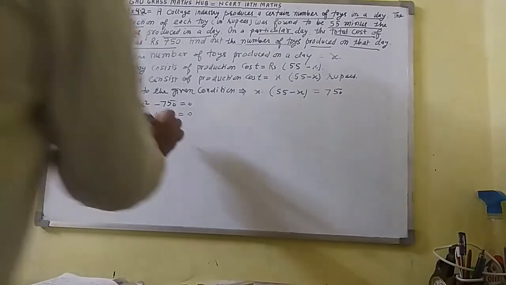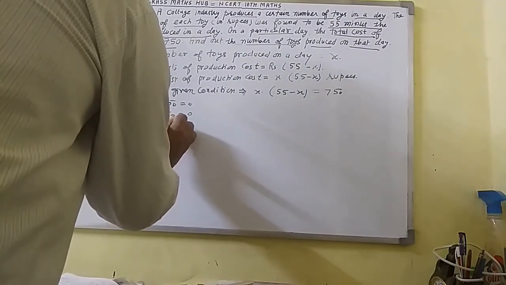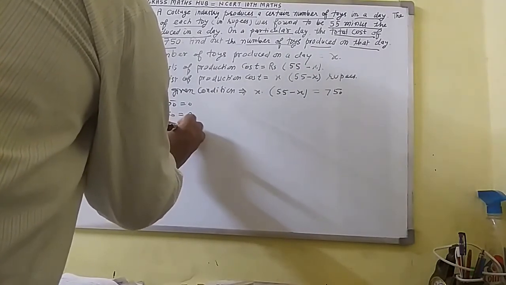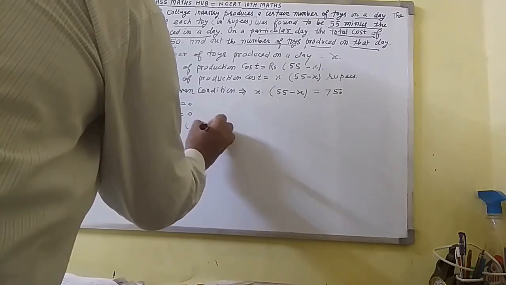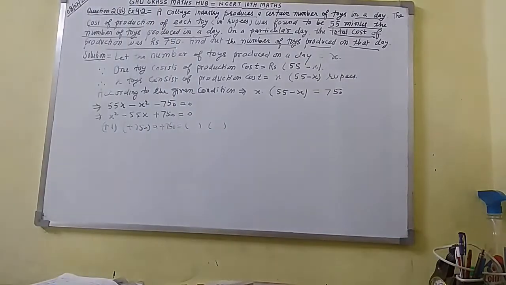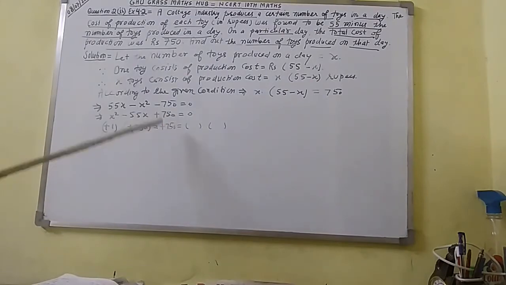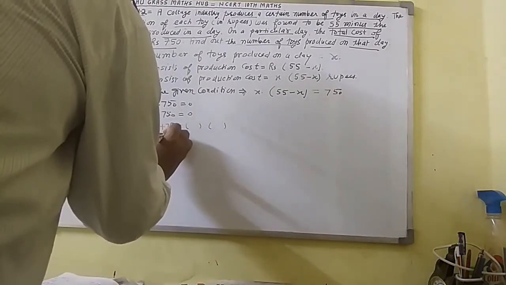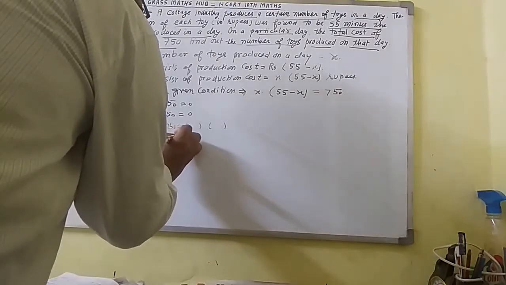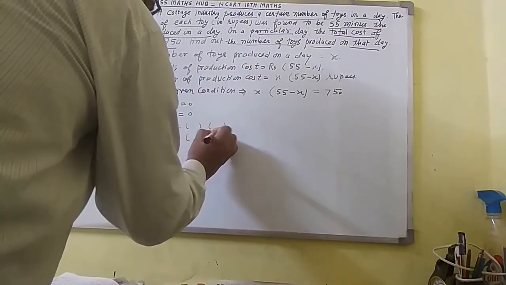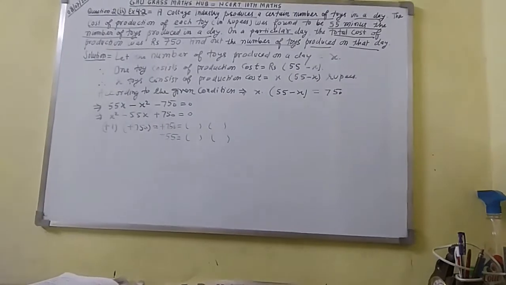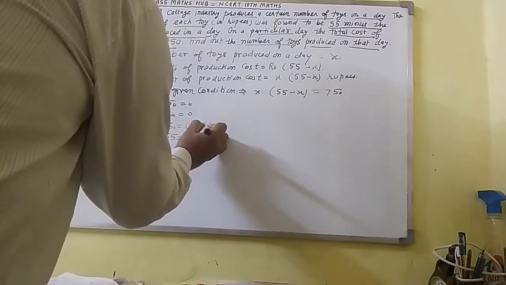Both will be multiplied together, which comes out to 750. Make two boxes like this, just below plus 750, and here minus 55. After that, make two boxes like this. Here the multiplication sign is fixed.